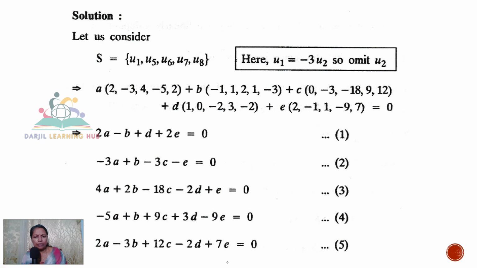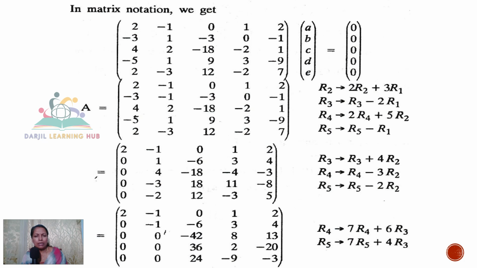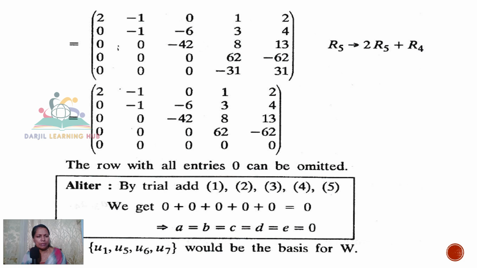Solving these 5 equations in matrix form, we can find the rank using row and column operations, or you can solve your own way, and we will find the matrix as an upper triangular matrix. A matrix with all entries below the diagonal equal to 0 is called an upper triangular matrix.